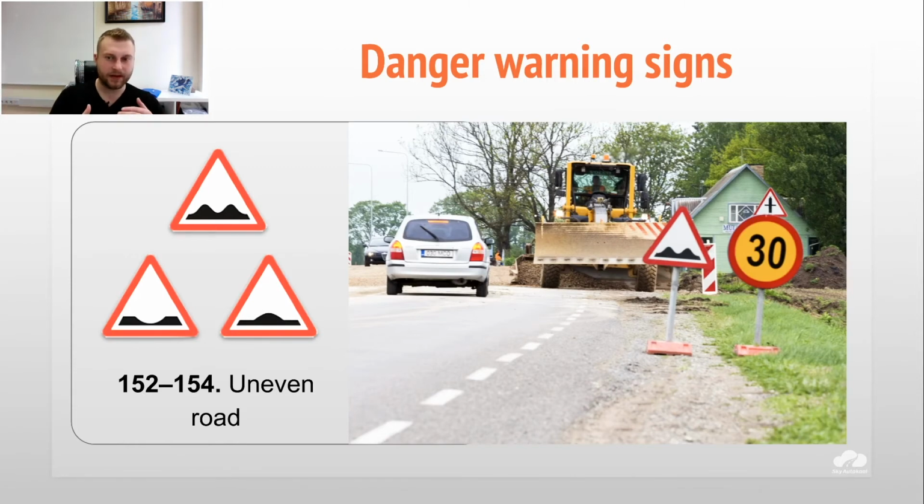So after that, this kind of bumps appear on the road, of course. So this sign means uneven road, unstable road, and you have to be careful in this case. Usually they can also use these signs if they make some construction works, of course. And of course it will be the speed limit, the temporary one.